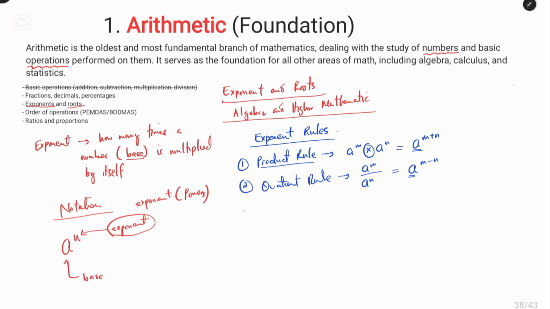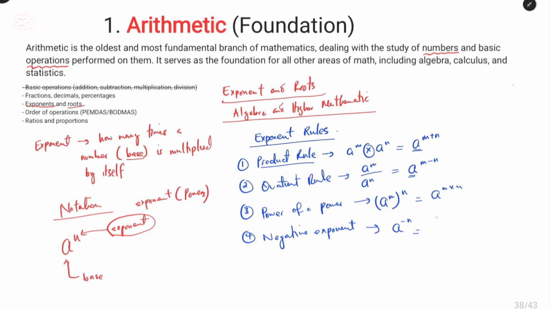Remember, we have the same base. Third, if we have a power of a power, it is represented as (a^m)^n, which gives us a^(m times n). Fourthly, we have the negative exponent. If we have a to the minus n, it is equal to 1 over a^n.